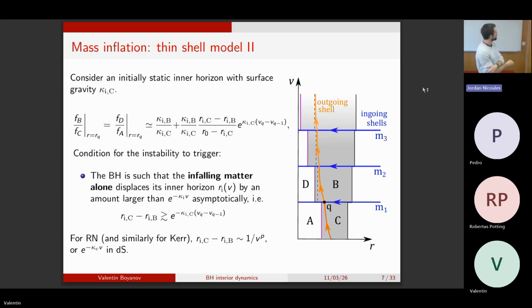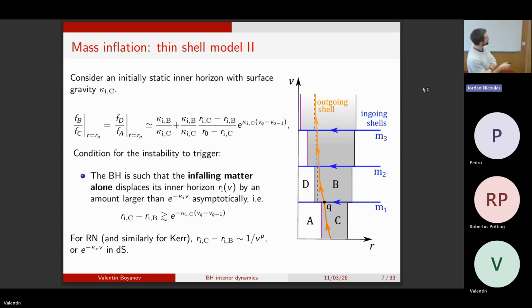So with these junction conditions, what happens is that we can see that the redshift function f on the interior, in the future of the intersection point between the shells, acquires exponential growth, which can be related to a growth in the Misner-Sharp mass, which is inside this function.